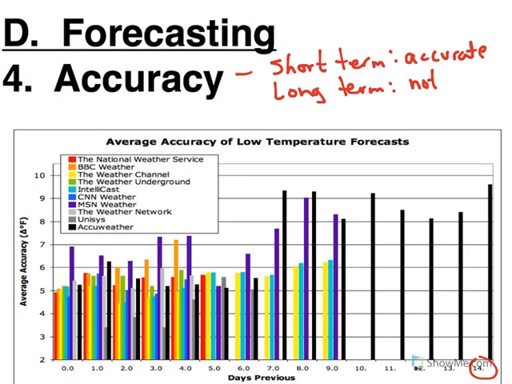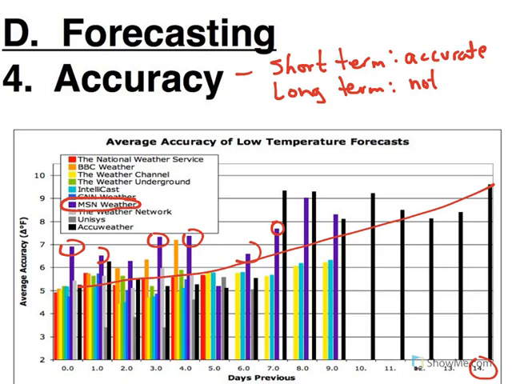But what you can see is it definitely gets worse the farther out you go. It looks like MSN weather is not very good. They are kind of the outliers in most of these data sets here.